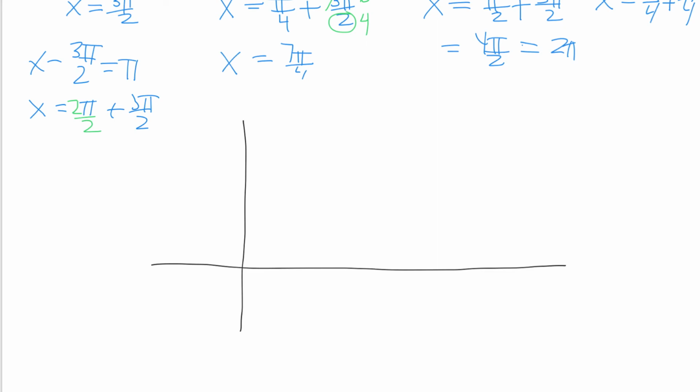So as we start labeling our axes, we are starting with 1 pi over 4. So here is pi over 4, and then we're counting up by pi over 4.